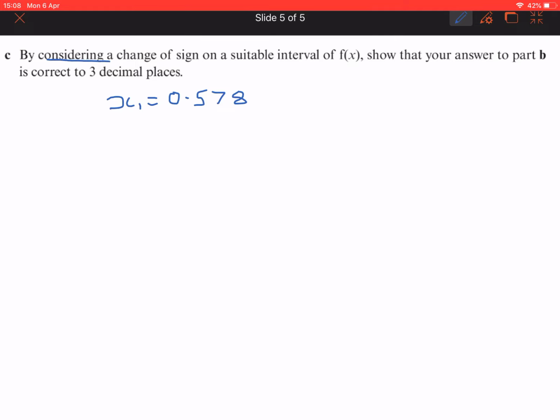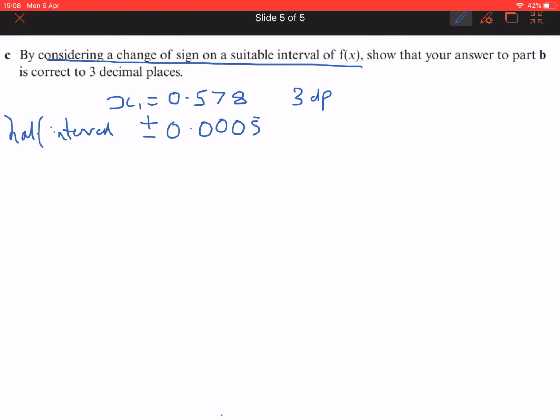So by considering a change of sign on a suitable interval, if this is to 3 decimal places, we've got to then use the half interval. We've got to add and subtract 0.0005, and we've then got to look at the interval between.